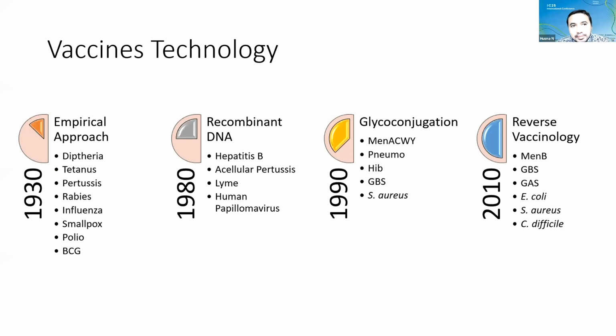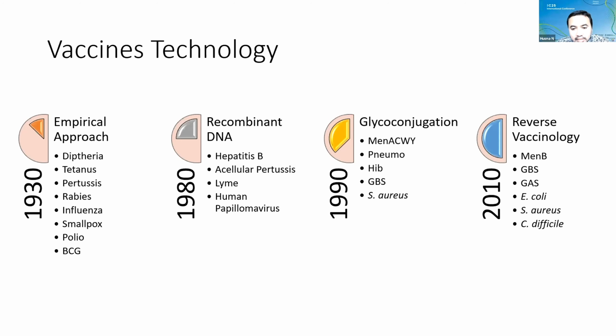Around 50 years afterward, in 1980, scientists started to work with recombinant DNA. It started with hepatitis B, cellular pertussis, Lyme, and also the human papillomavirus.